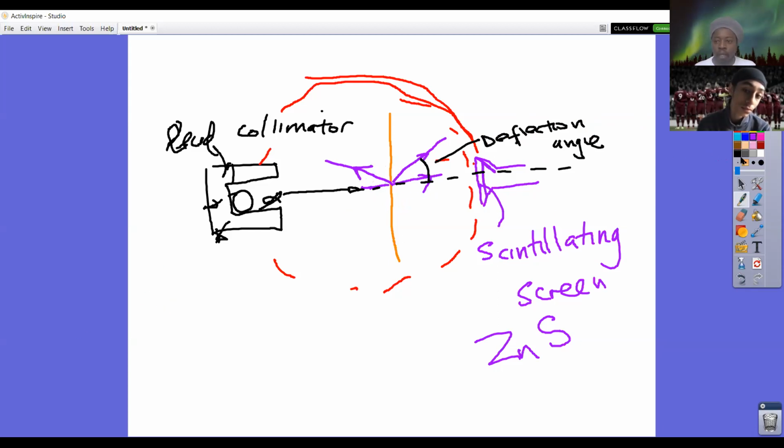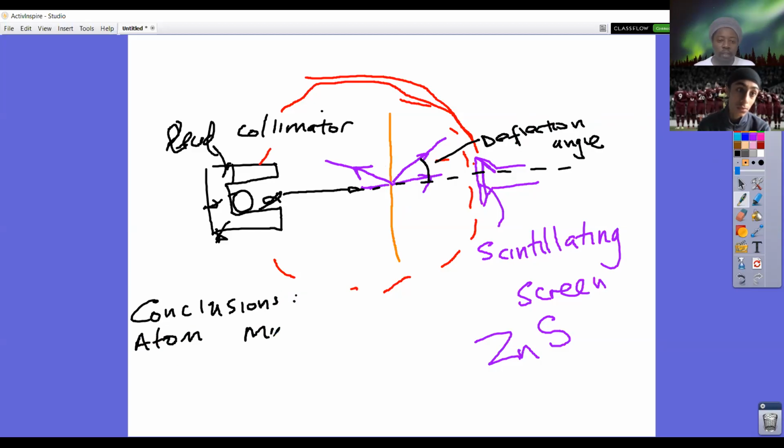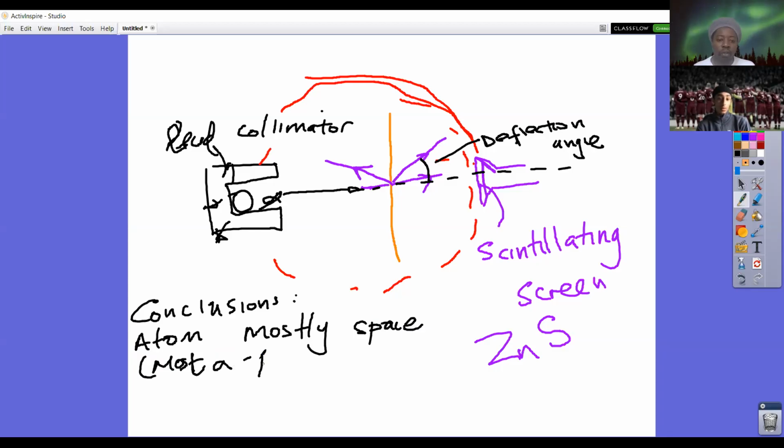So the only way we would have gotten that big deflection angle, by the way, I'm going to quickly start writing some of those conclusions because that's where the marks are. Conclusions: atom mostly space. And this is because most alpha particles went through.